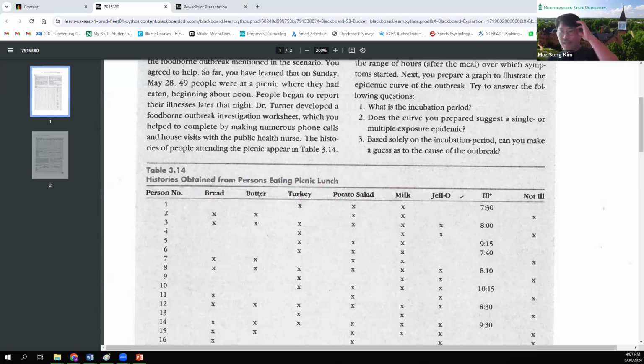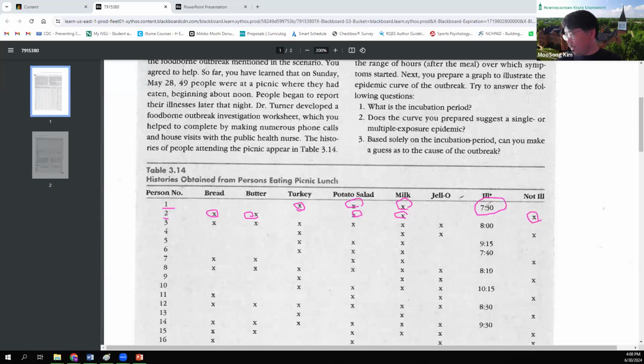So we have a total of 49 people, right? This check mark indicates that person number 1 ate turkey, potato salad, milk, and this person got sick. Number 2 ate bread, butter, potato salad, milk, but this person is not sick.